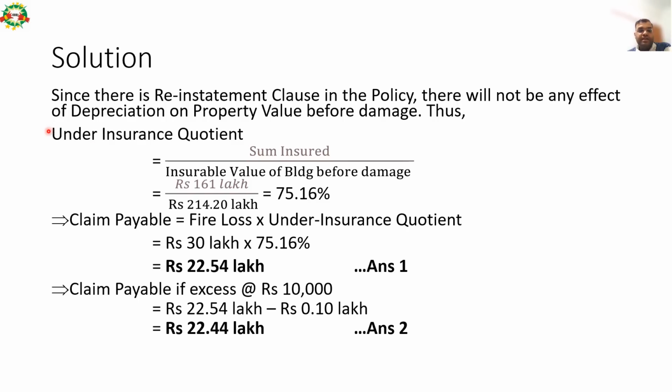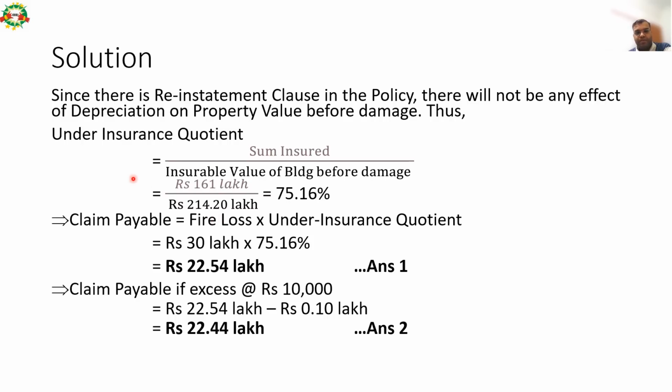Since there is a reinstatement clause in the policy, there will not be any effect of depreciation on property value before damage. So it is like a zero dep policy as in case of car insurance. So under insurance quotient is equal to sum insured divided by insurable value of the building before damage. In the previous case study we deducted depreciation cost from this 214.20. However, here depreciation is not deducted.